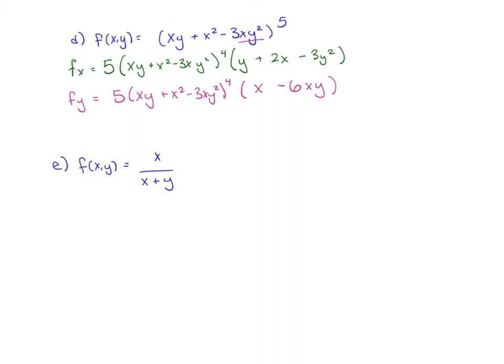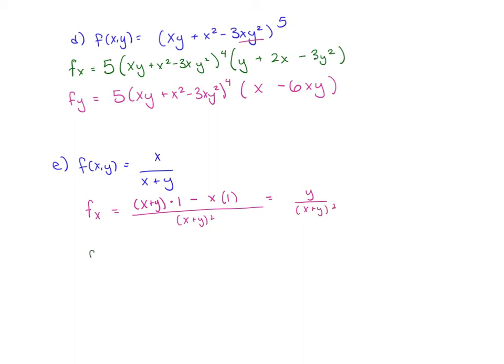All right, last but not least, we have a quotient here, so we're going to have to use the quotient rule. So for the partial with respect to x, I'm going to get low d high, the derivative of x with respect to x is just 1, minus high d low, derivative of x plus y with respect to x is just 1, all over the bottom squared. So on the top I have x plus y minus x, so I end up with y over x plus y quantity squared.